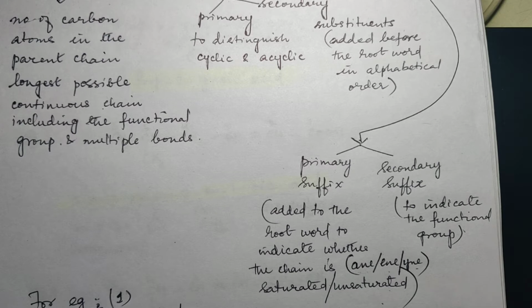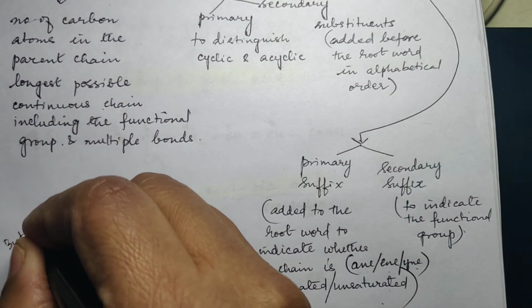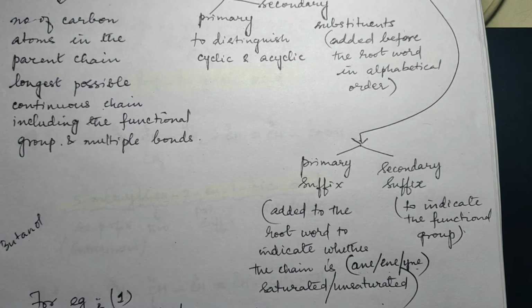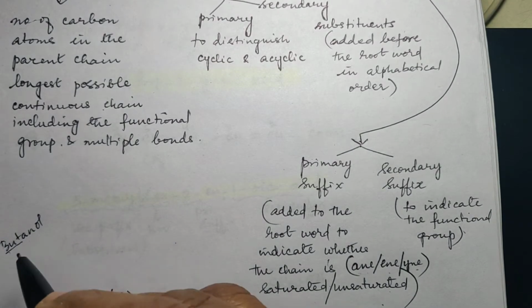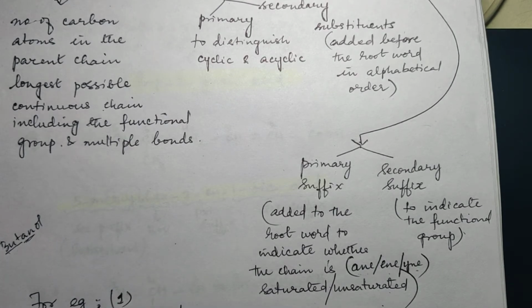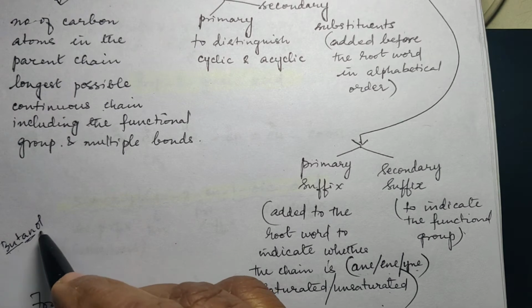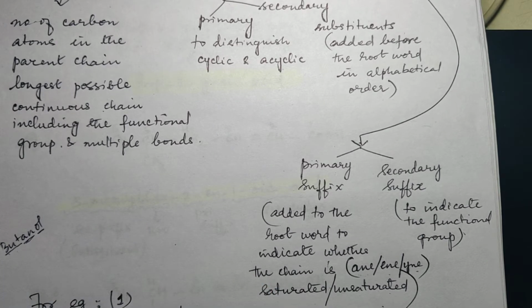Now supposing you write the name, say butanol. In this butanol, but is your root word, an is your primary suffix, and ol is your secondary suffix.